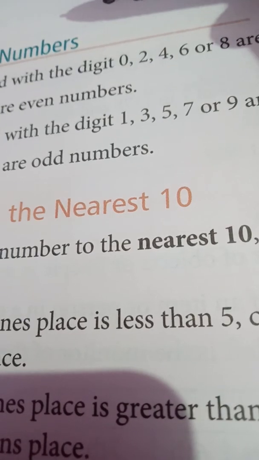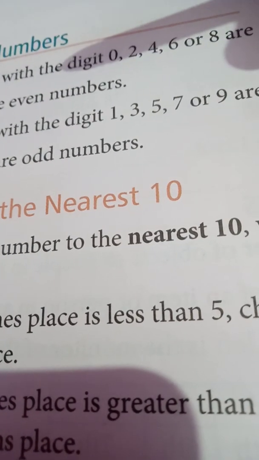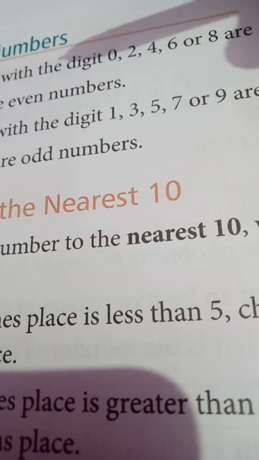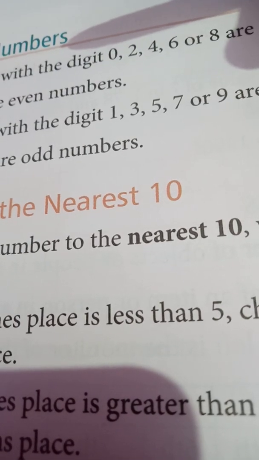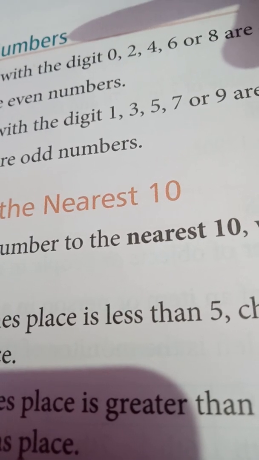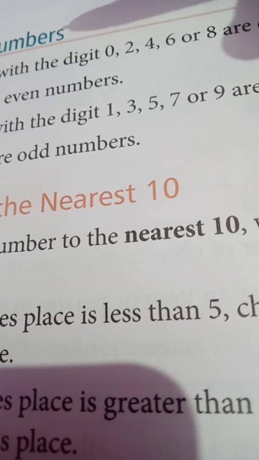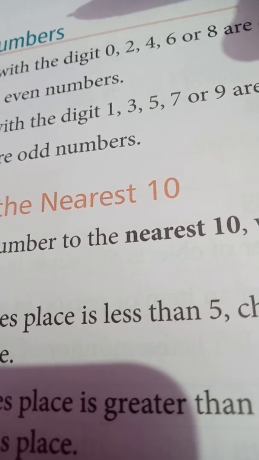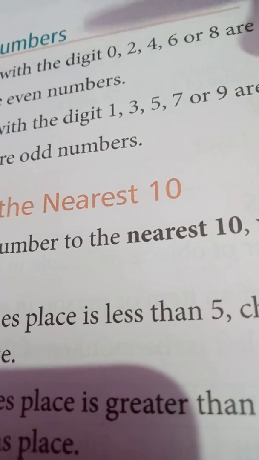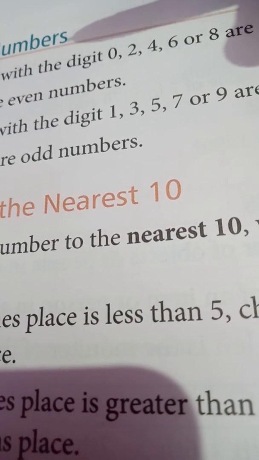For example, 15, 17, 19, 21, 35, 47, 57, 63, all these numbers are examples of odd numbers.